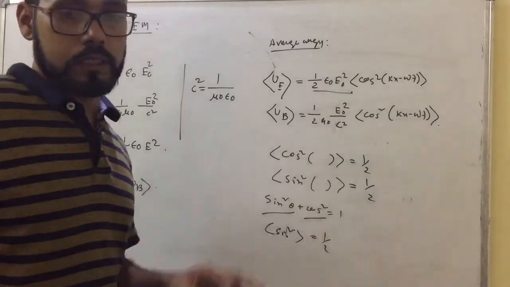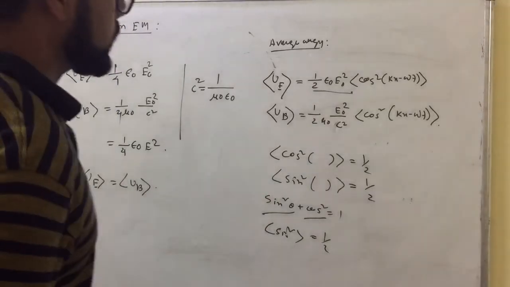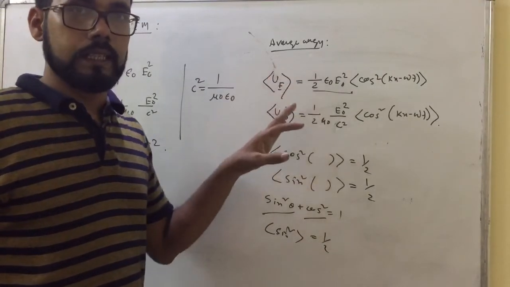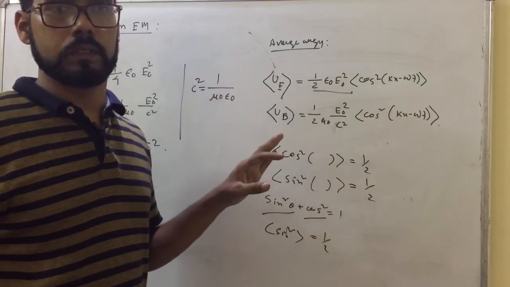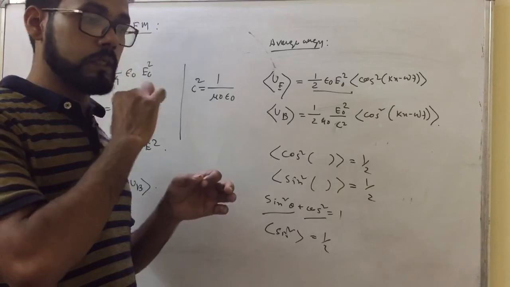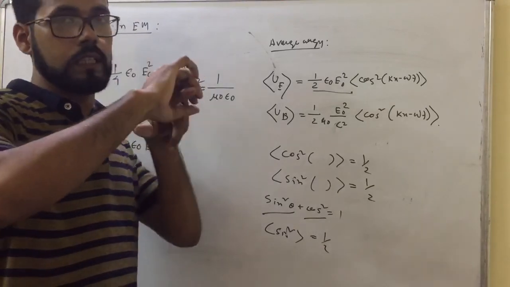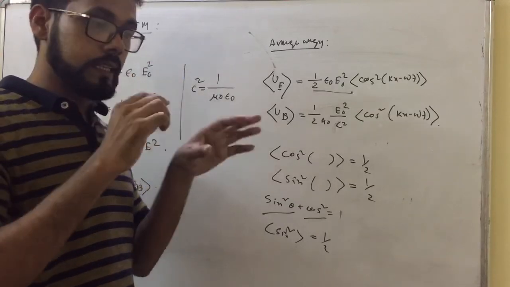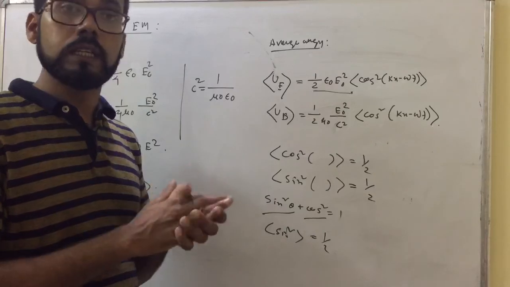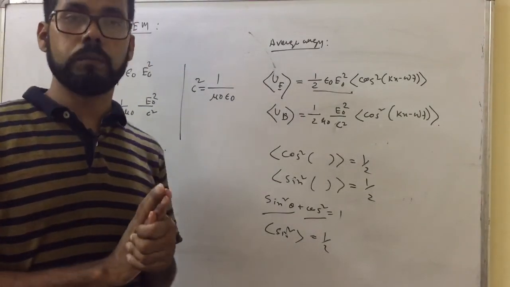Another important thing that I have told you: the solution I am writing here is the Cartesian solution. Whenever we talk about the propagation of electromagnetic waves through a cylindrical pipe, we have to take the solution of the wave equation in a cylindrical coordinate system, according to the problem defined.